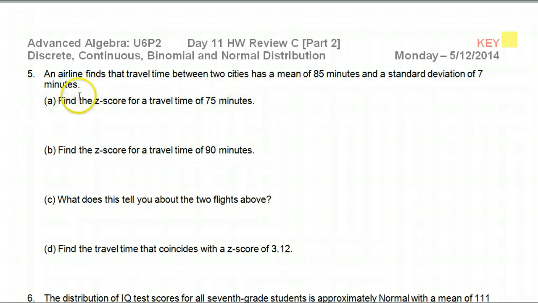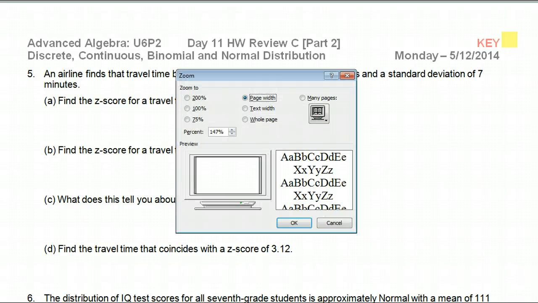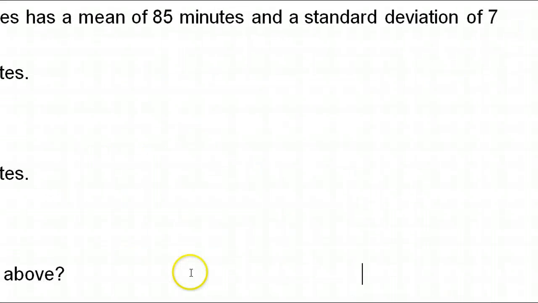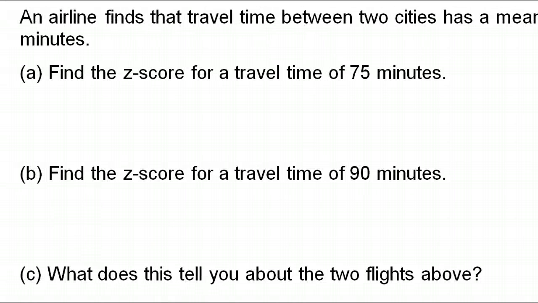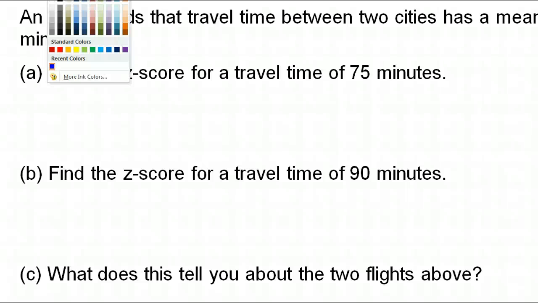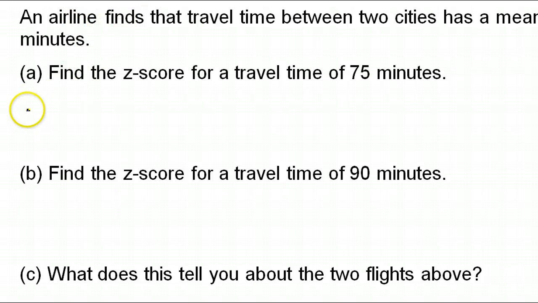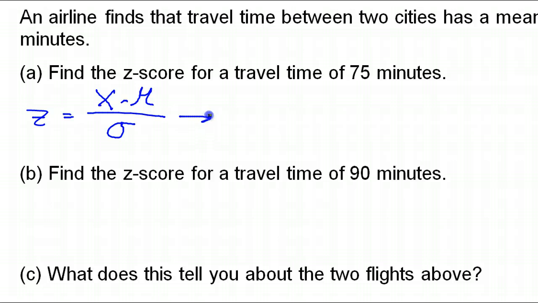Alright, let's get started. An airline finds that travel time between two cities has a mean of 85 and a standard deviation of 7. Find the z-score for a travel time of 75 minutes. We have a formula for z-score: the z-score is the value minus the mean divided by the standard deviation.